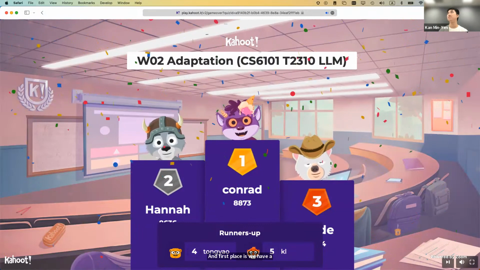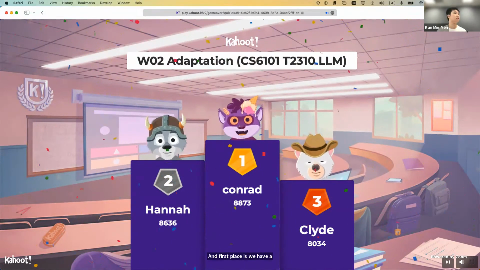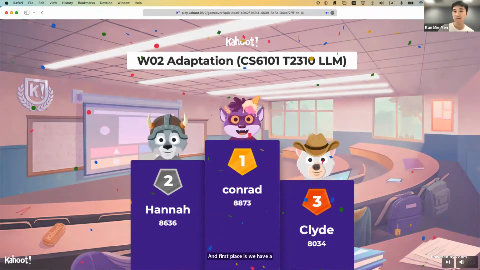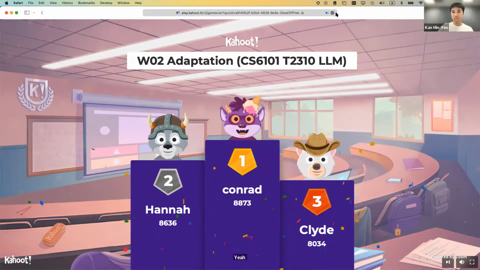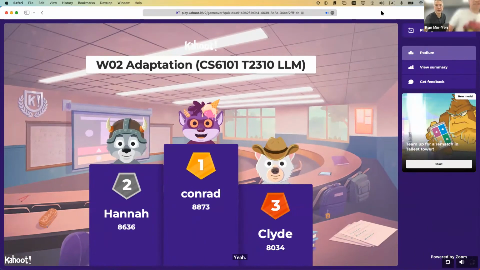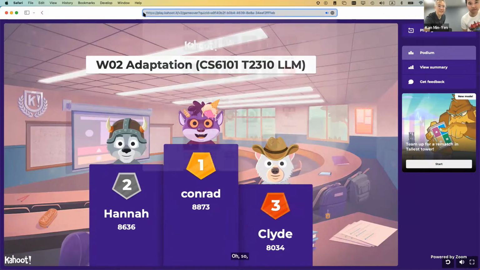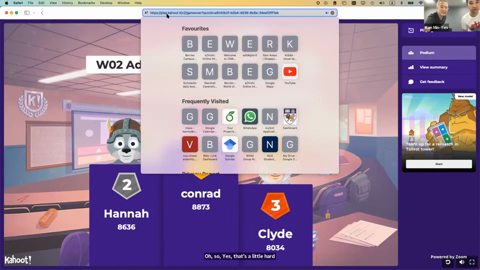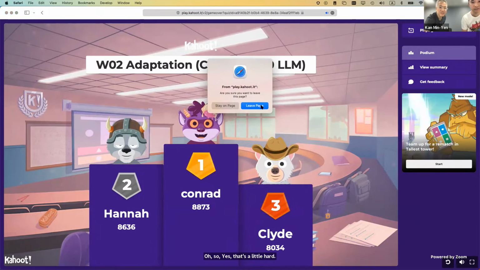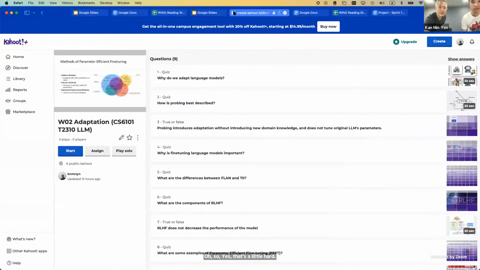Also, how do I go to it? So this one. Yeah, it's a little hard because of all the Zoom windows. Control the view. Command the view. Okay. Alright.